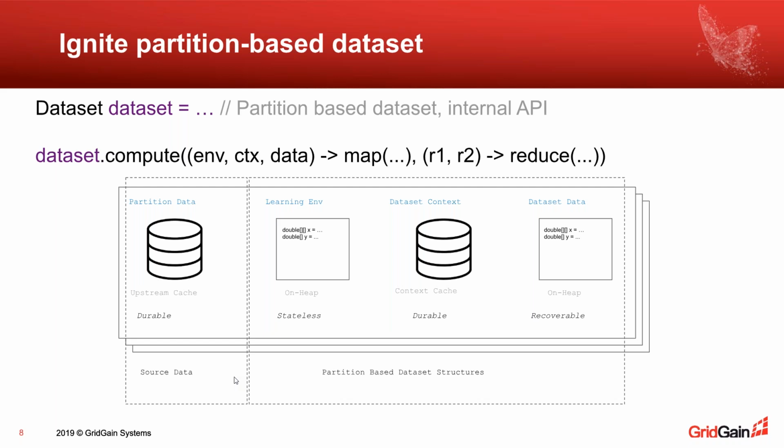That approach allows us to provide the same guarantees for machine learning training as we have for our whole Apache Ignite cluster. It means that we have fault tolerance, and if we lose some node during training, we can restore our state and continue from the last step.